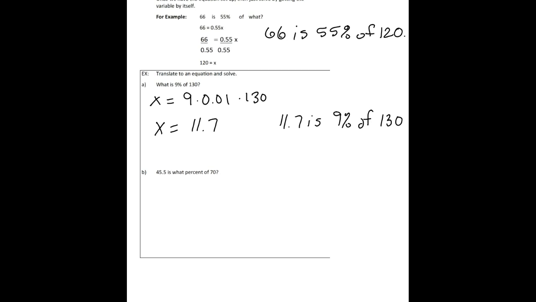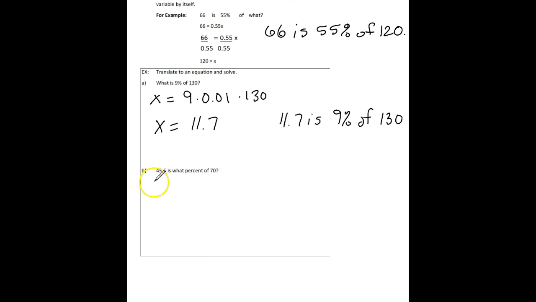Okay, now let's do this one. 45.5 is what percent, so x percent times 0.01, of, again, times, and then 70. So I simplify, 45.5 equals, and when I multiply these together, I get 0.7, or 0.70, but we don't need to add the extra 0, times x.